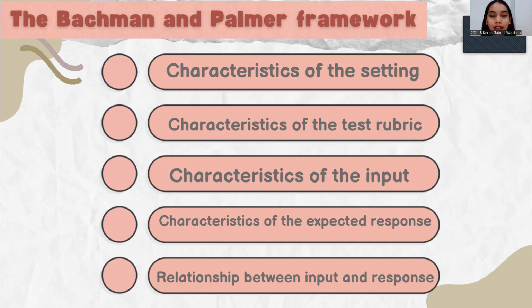First is directness, direct or indirect. Second is scope, broad or narrow. And the last, reactivity: adaptive, non-adaptive, or reciprocal. So this makes it easier to comprehend what the test taker is expected to do. That's all from me. The next material will be explained by Amelia.